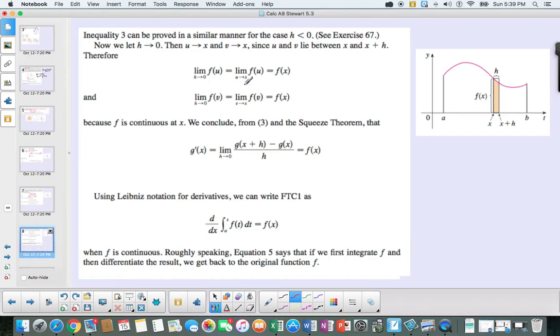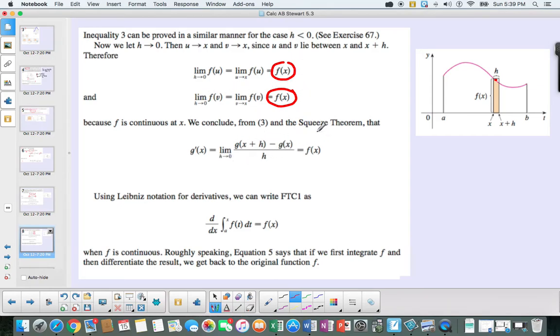Now, as we allow h to get closer and closer to 0, this height gets closer and closer to f of x, just the height of that one little thin rectangle. And the same thing happens to the maximum. It's closing in smaller and smaller, so it gets close to that height. So both the left and right are approaching f of x.